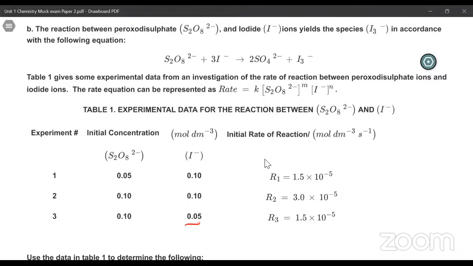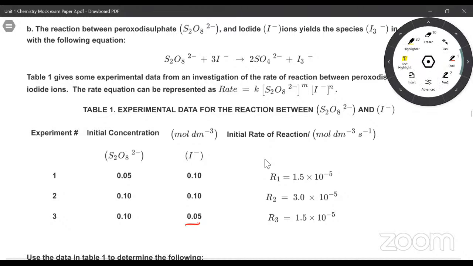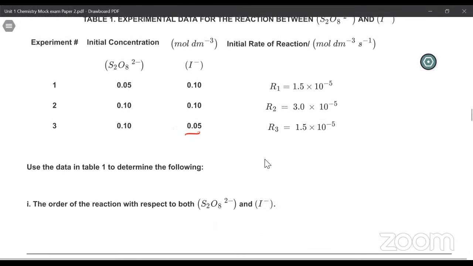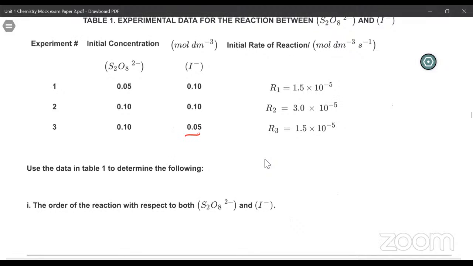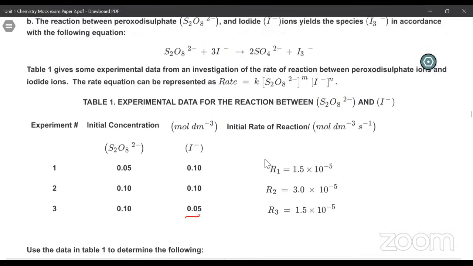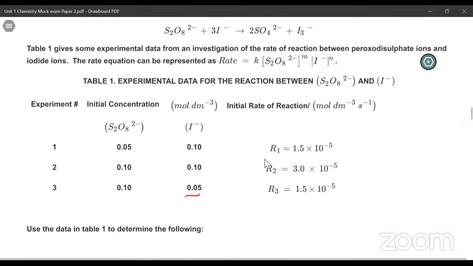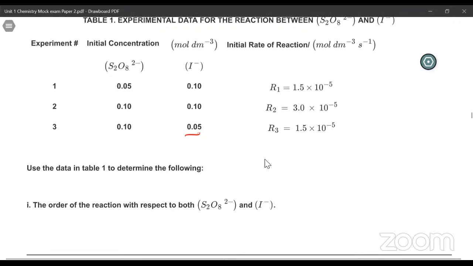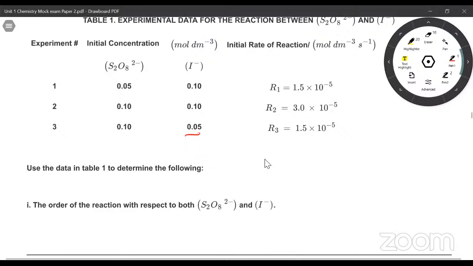Now, let's look at what the question wants you to do. The first question wants you to determine the order of the reaction with respect to the peroxide disulfate ion and the iodide ion. So let's do the peroxide disulfate ion first. Good.